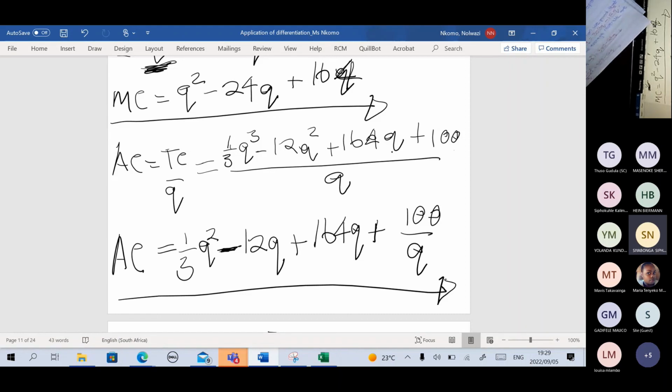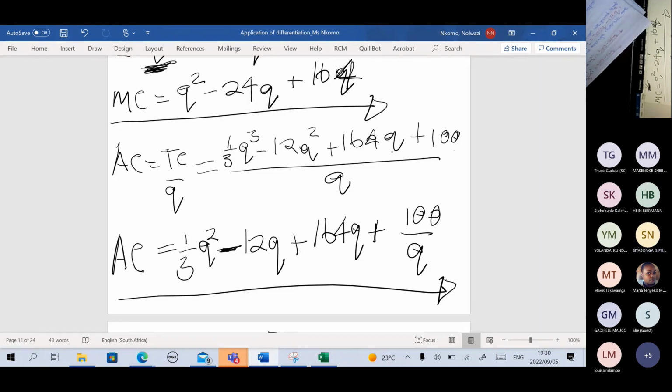Is any constant divided by Q equal to 0, or does it only apply in differentiation?